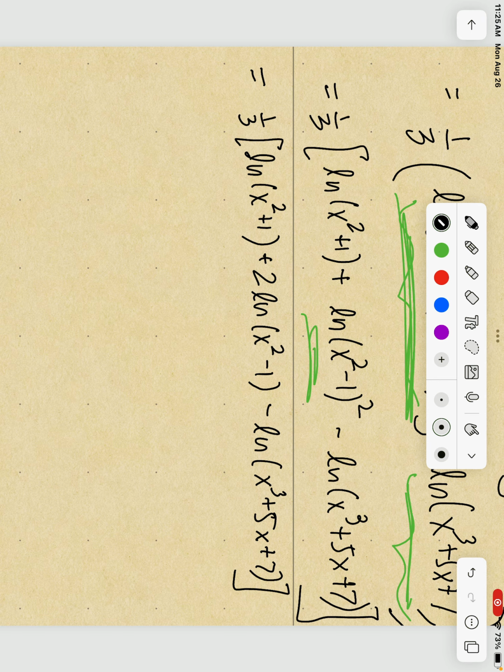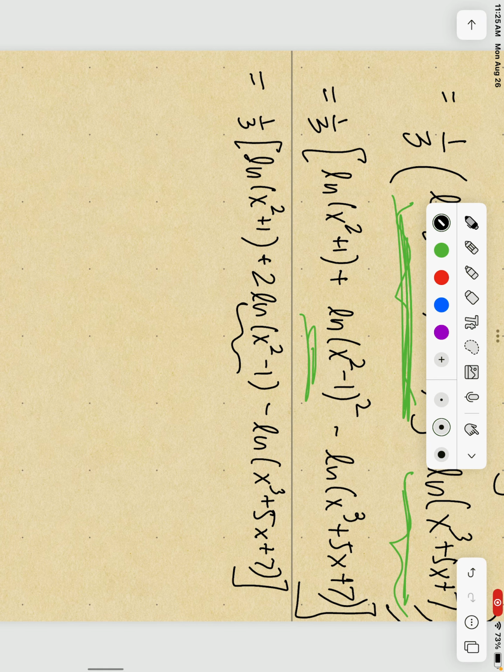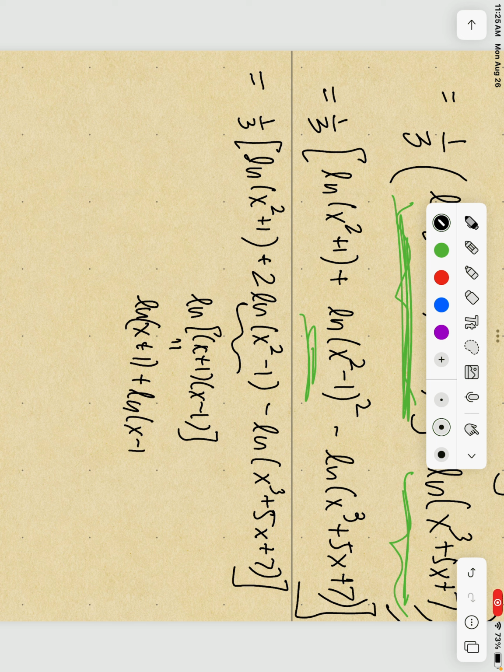So you could split this up as ln of x plus 1 times x minus 1, and then rewrite that as ln of x plus 1 plus ln of x minus 1. Okay, but that's not really more simplified than ln of x squared minus 1. So this is how you simplify it.